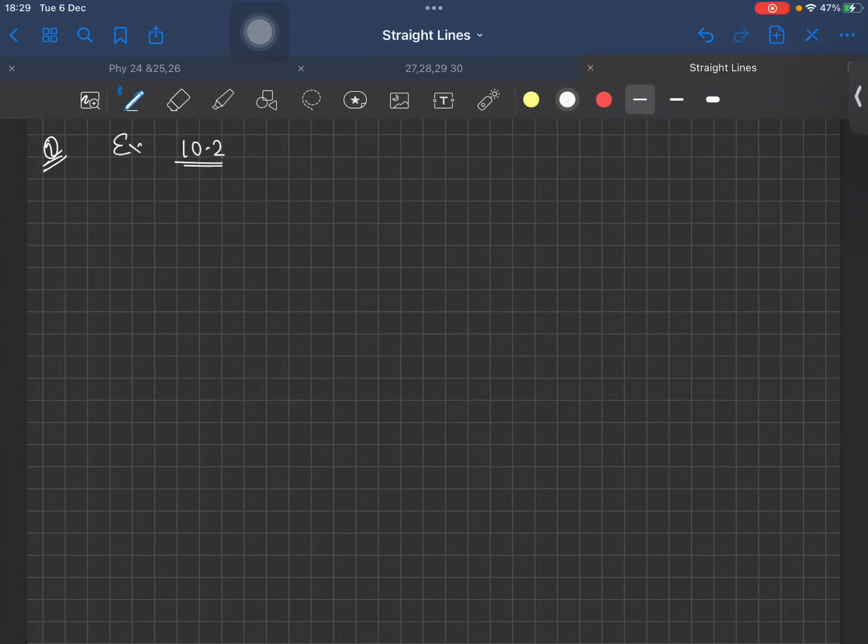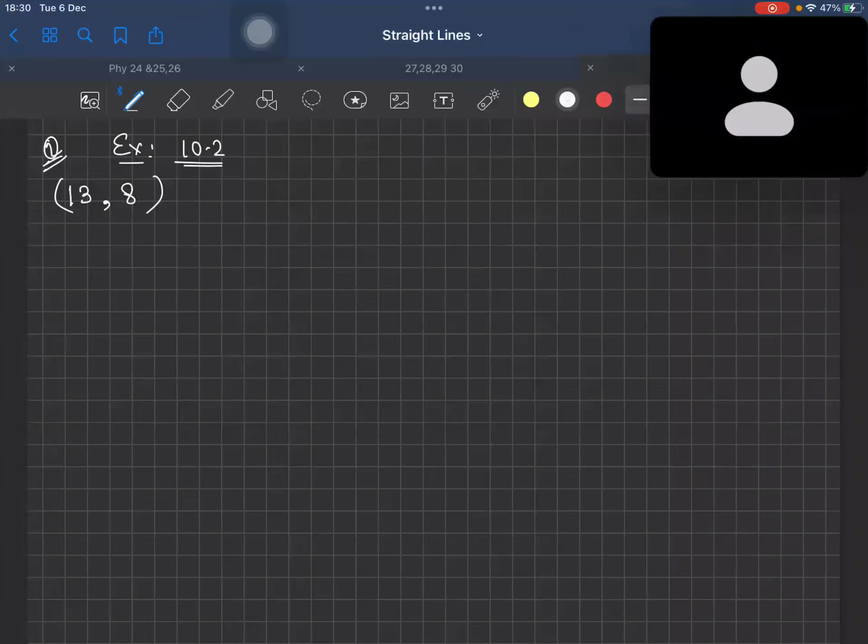Exercise 10.2, question number 13 and question number 8. Solve these two questions, 8 and 13.